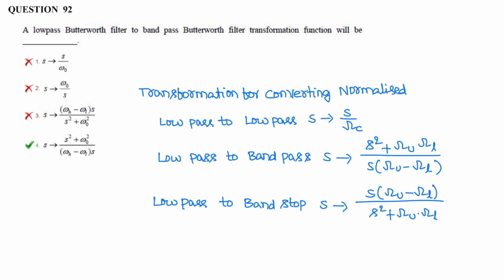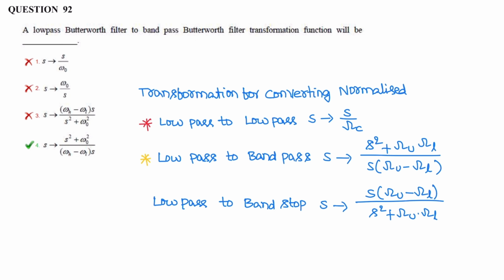The transformation for converting normalized low pass to low pass is S replaced with S by omega C. Low pass to band pass is S replaced with S square plus omega U omega L divided by S into omega U minus omega L, upper and lower cutoff frequencies.